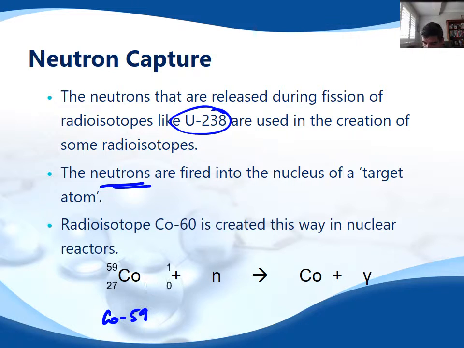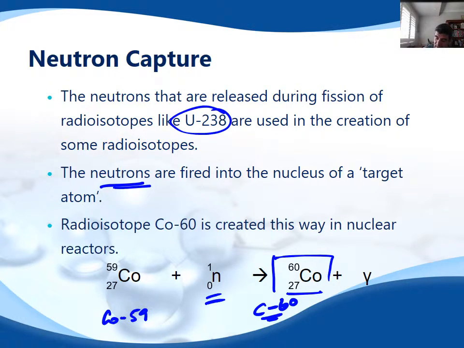What we do is we power in a neutron that's been released, say, by the fission of uranium, and we produce a cobalt-60 isotope. Now, the cobalt-60 is unstable and will undergo radioactive decay, releasing a beta particle and a gamma ray, beta negative.